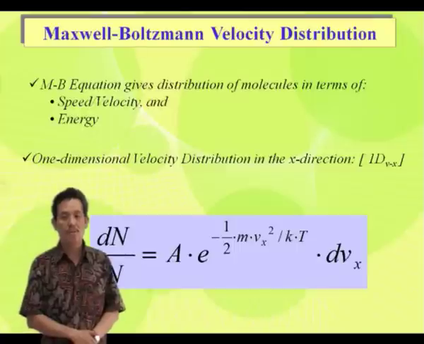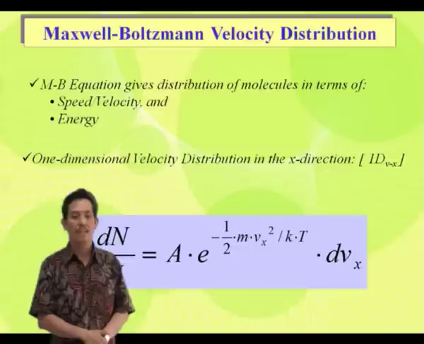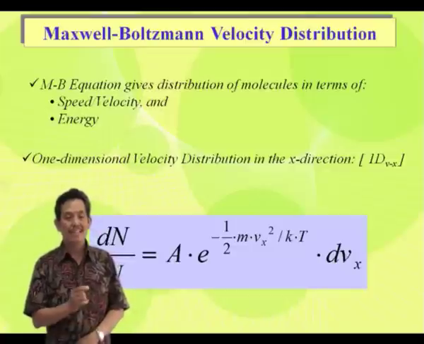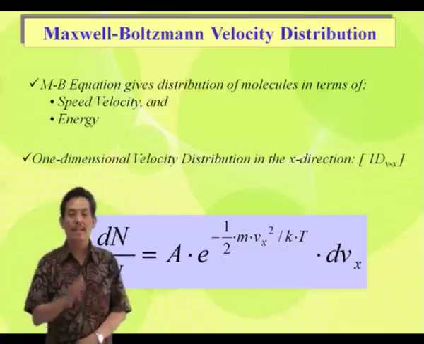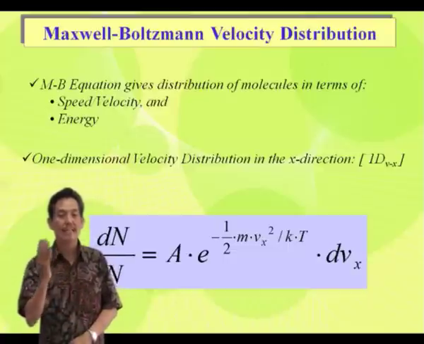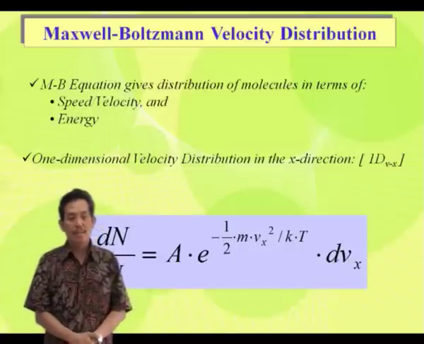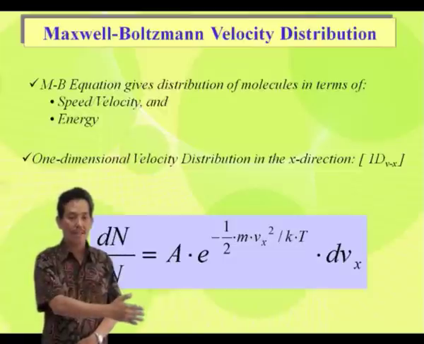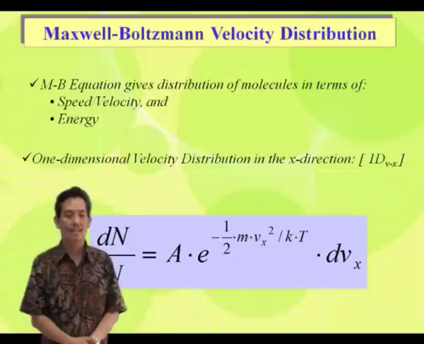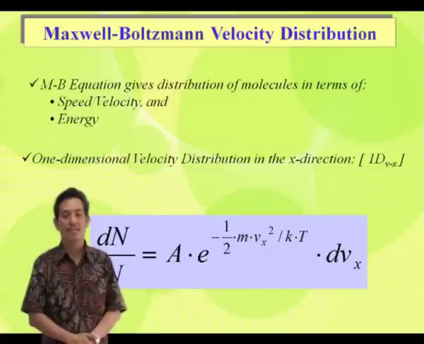As you know, and we already learned in the previous meeting, gas always moves in random movement, and the movement is in the x direction, y direction, and z direction, meaning in three-dimensional direction.